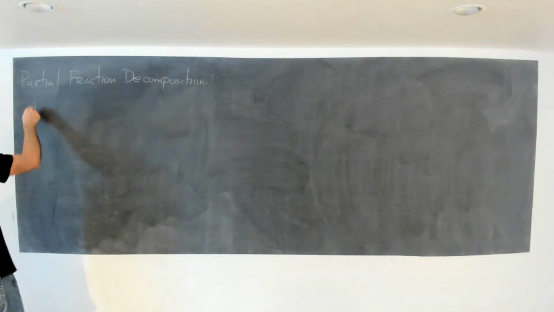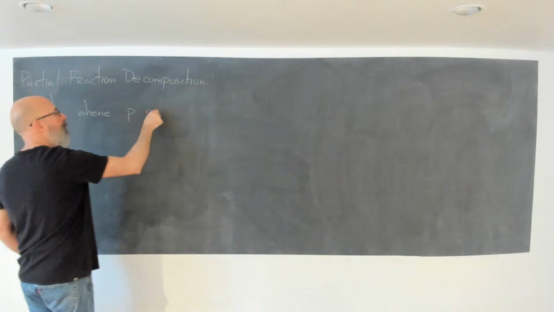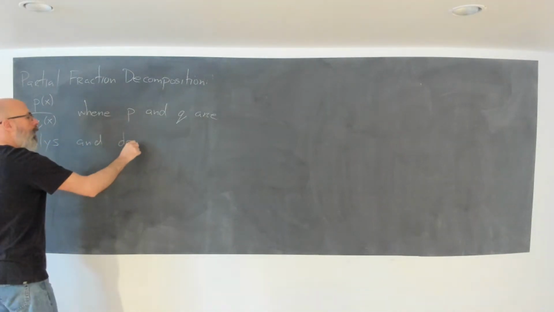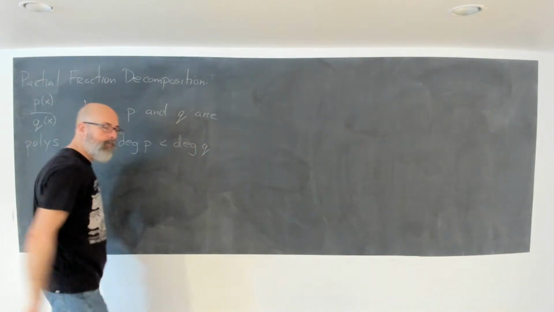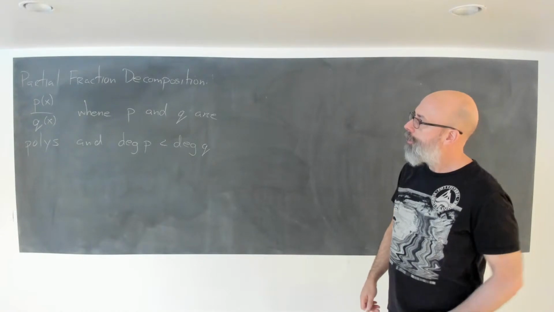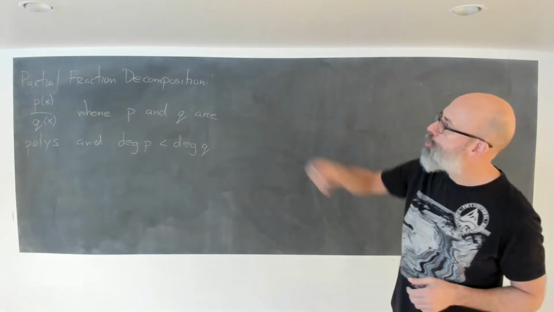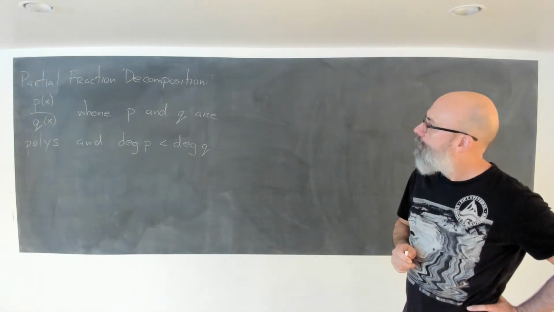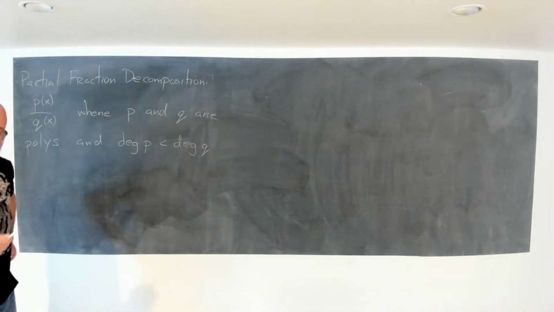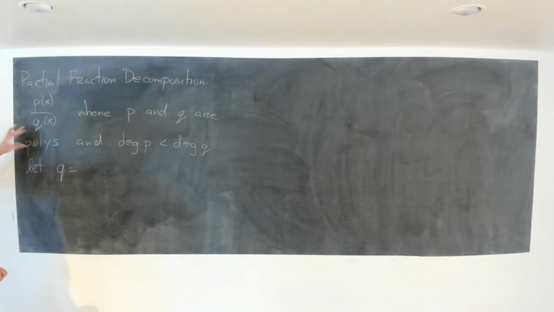It says that if you have a rational function p of x over q of x, where p and q are polynomials, and the degree of p is strictly less than the degree of q, then you can break this up into a bunch of smaller fractions, partial fractions, by decomposing q into a product of irreducible polynomials.